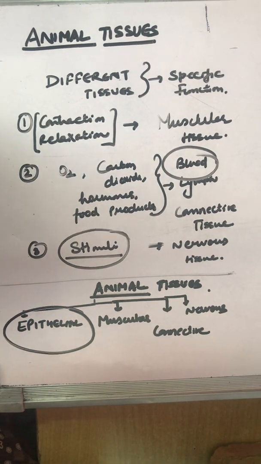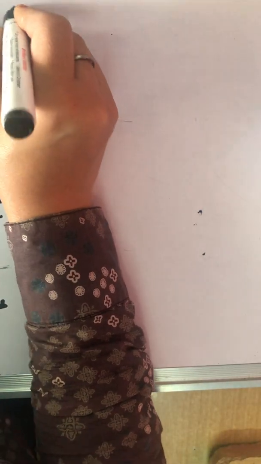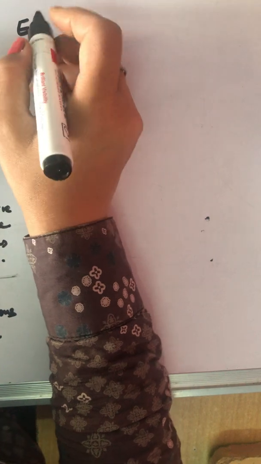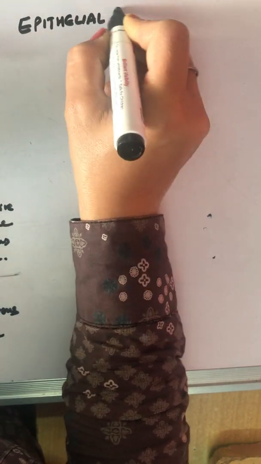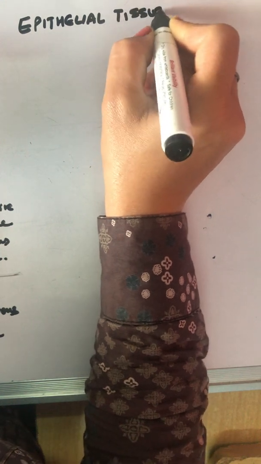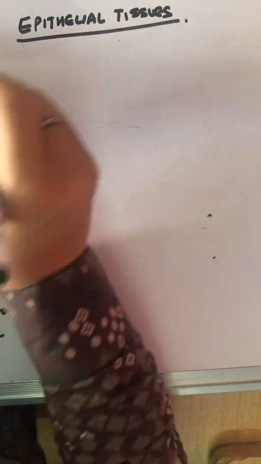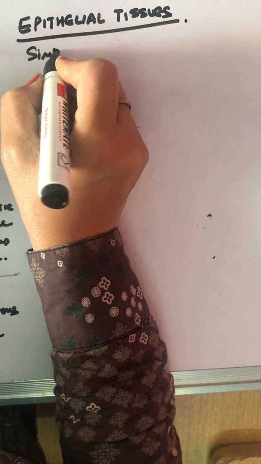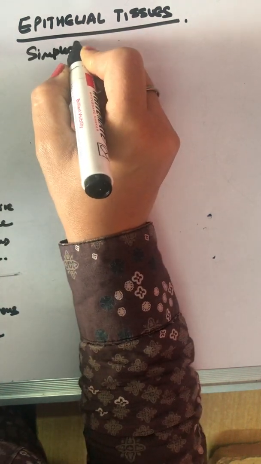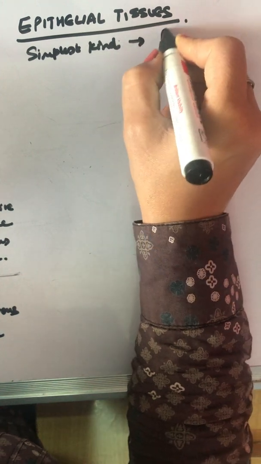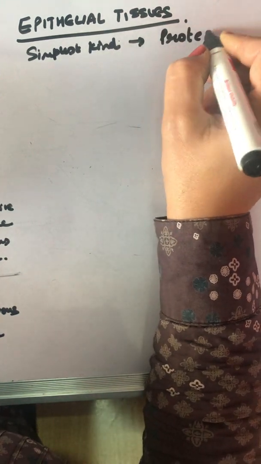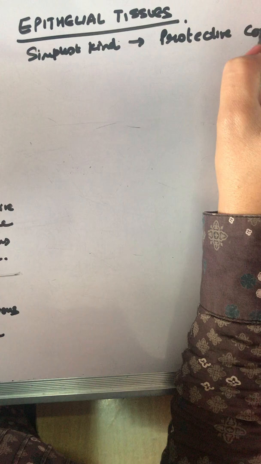When we say epithelial tissue, it is basically the covering tissue, the simplest kind of tissue. Its basic function is to act as a protective layer, so we call it a protective covering also.